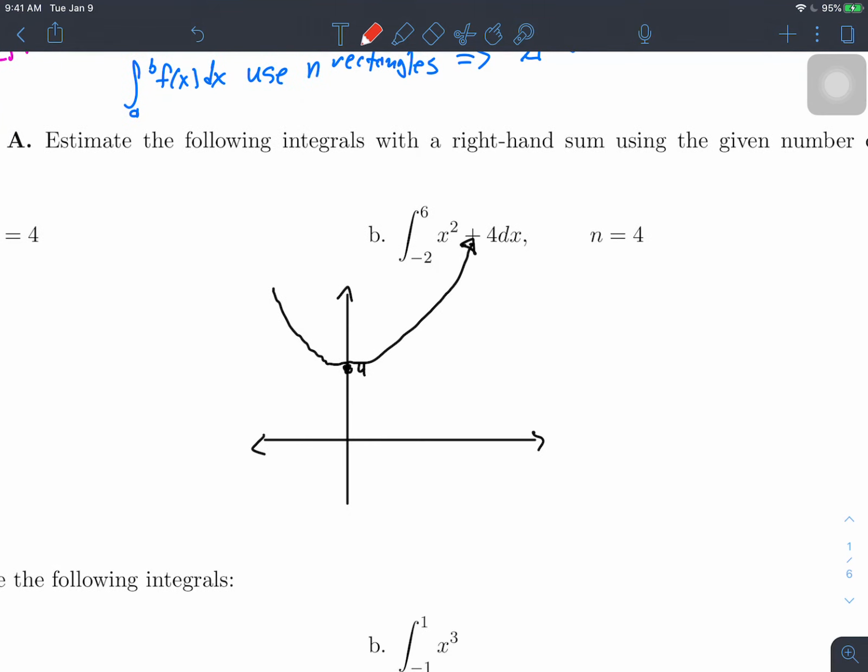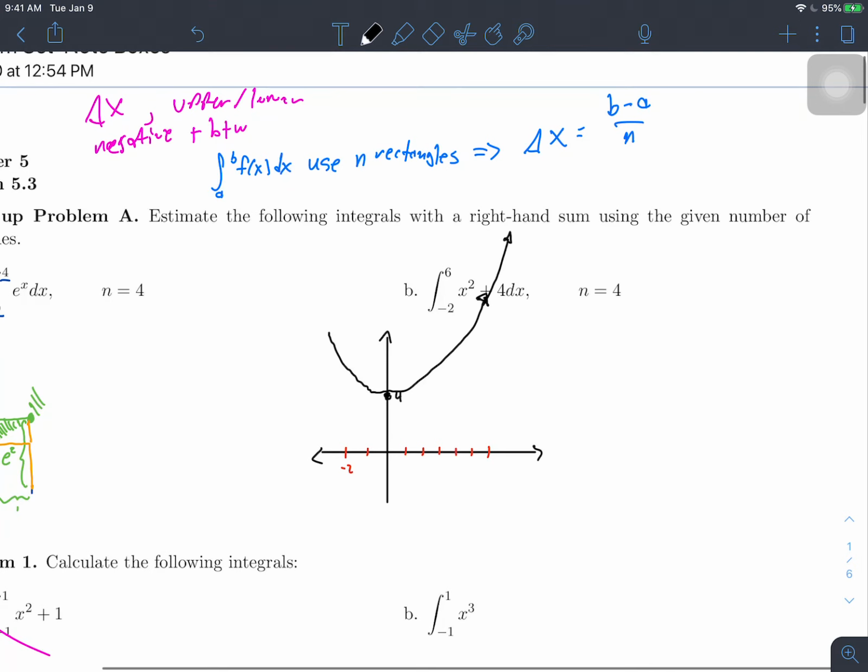So we go from -2 here. We got 1, 2, 3, 4, 5, 6. Let me extend this a little bit further.